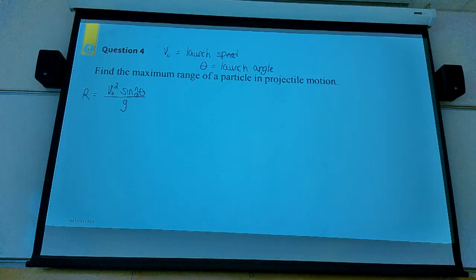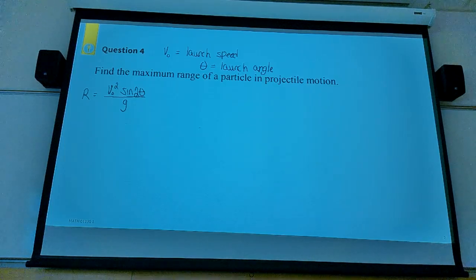We have speed and we have angle. However, in most cases, you only have control over one of those two. That's the angle, right? And generally speaking, your speed is fixed.